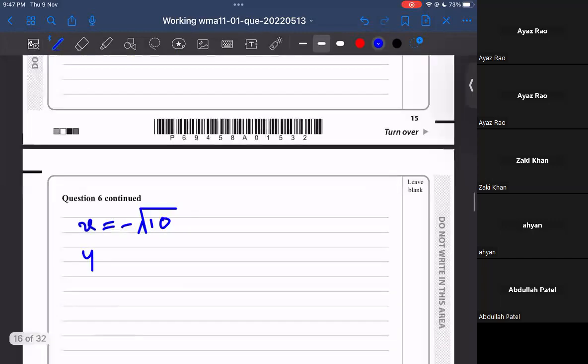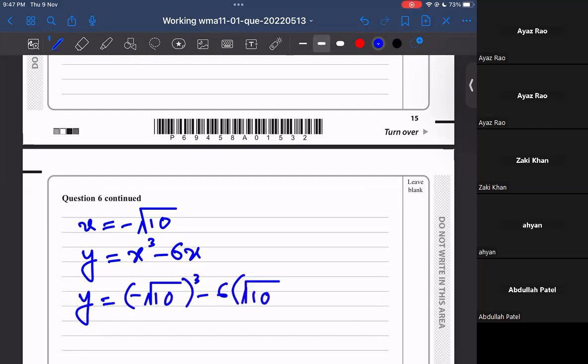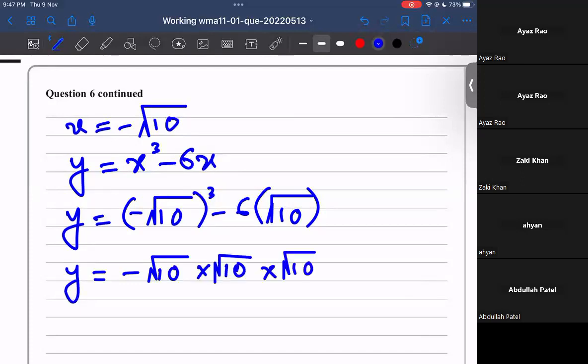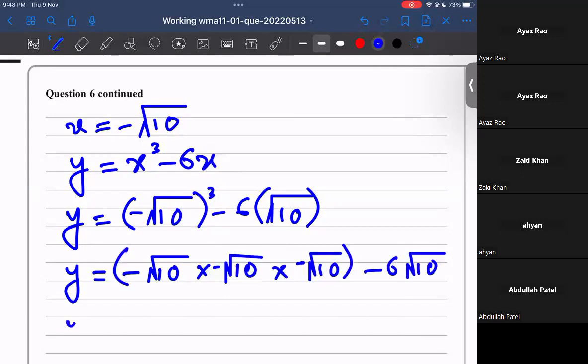So y equals x cube minus x. अब देखो माइनस पर क्यूब है, माइनस रिमेन सेम. रूट 10 into root 10, again it is going to be root 10. माइनस पर क्यूब है ना, चलो सब पे माइनस लगा लेते हैं हम. माइनस रूट 10 माइनस रूट 10, ठीक है ना. माइनस 6 रूट 10. नाउ दीज आर मल्टीप्लाइंग ईच अदर. ये तो मल्टीप्लाई हो रहे हैं. तो माइनस इंटू माइनस प्लस, प्लस माइनस इज माइनस. root 10 into root 10, 10, and the root 10 left over is root 10.